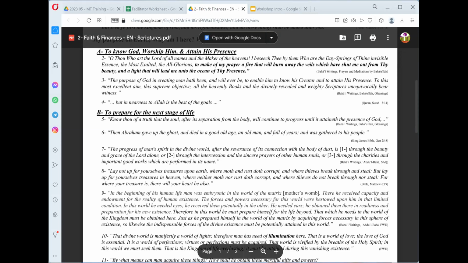The purpose of God in creating man hath been and will ever be to enable him to know his creator and to attain his presence. To this most excellent aim, this supreme objective, all the heavenly books and the divinely revealed and weighty scriptures unequivocally bear witness. But in nearness to Allah is the best of the goals.